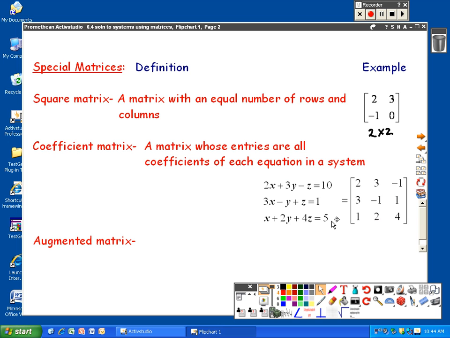So if I am writing a coefficient matrix, I just take the coefficients used. So this would be 2, 3, negative 1. 3, negative 1, 1. 1, 2, and 4. And I have my coefficient matrix.